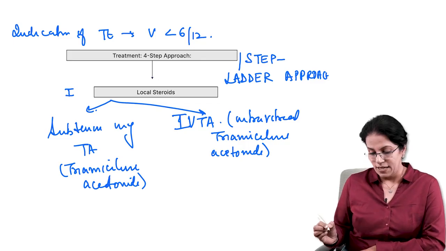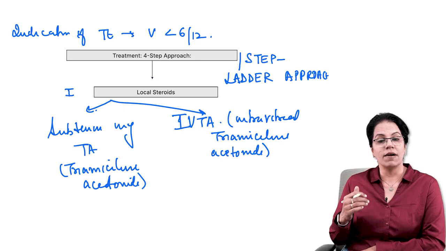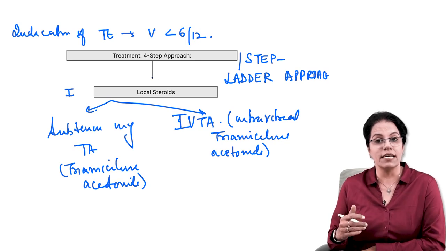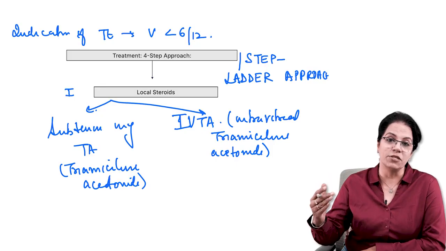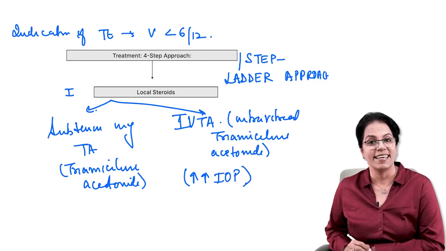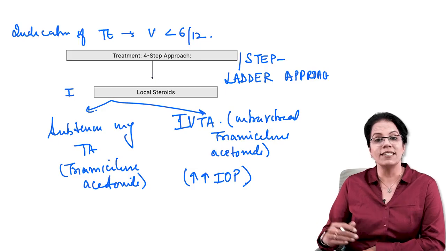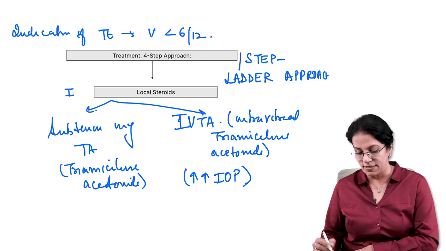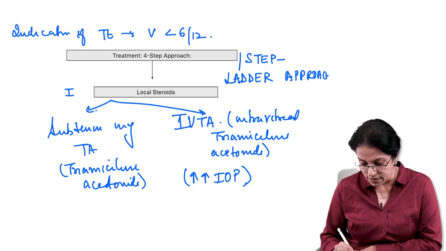But you know what the main disadvantage of giving TA intravitreally is? It can cause an acute rise of intraocular pressure, so there can be a high rise of IOPs. We have to go for anti-glaucoma drugs along with this. If you want to avoid it, go for slow release dexamethasone intravitreal implants. So that we can learn as the third option.